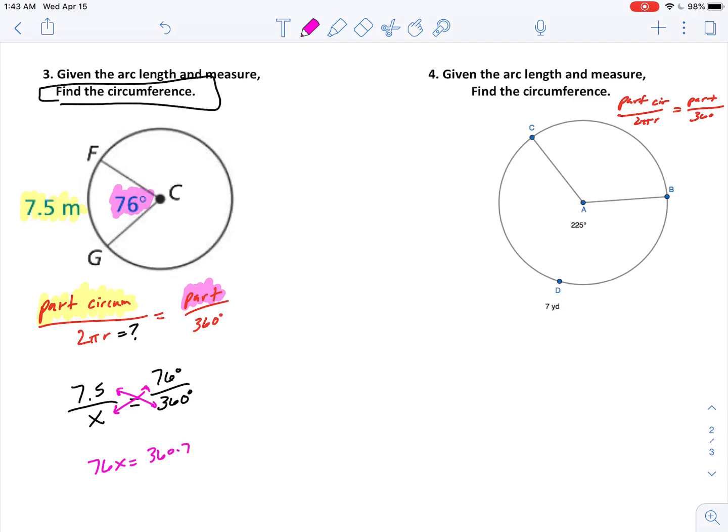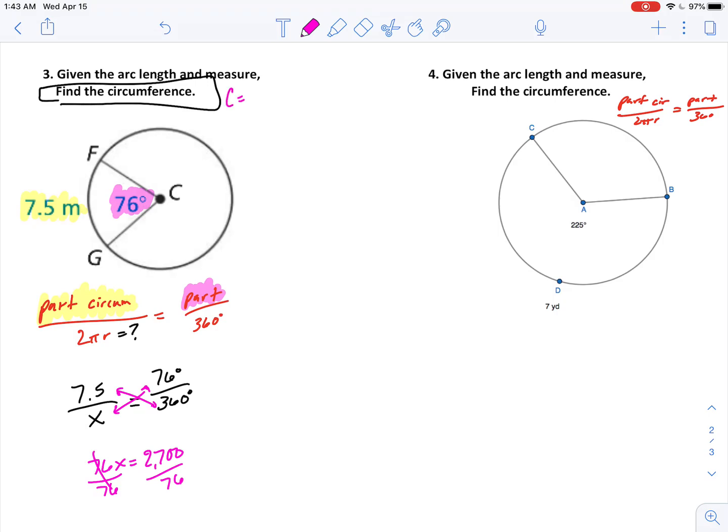We'll do the same thing, we'll still cross multiply. And we'll say 76x equals 360 times 7.5. So 360 times 7.5.